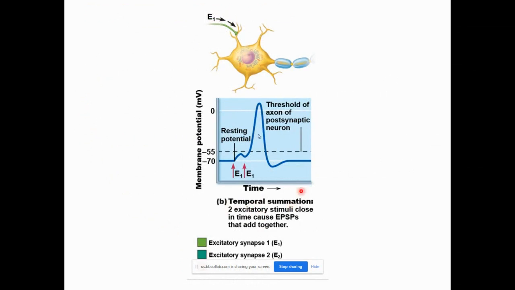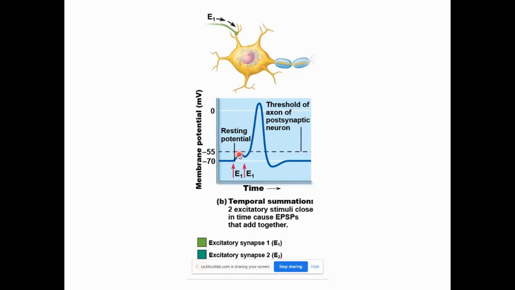So temporal summation. What if we send in two signals close together in a very small amount of time? Again, this is so quick that it's instantaneous to us. There's one graded potential. It's excitatory, so it's depolarizing. But before it can rest, during that relative refractory period, right about there, we send another signal in.